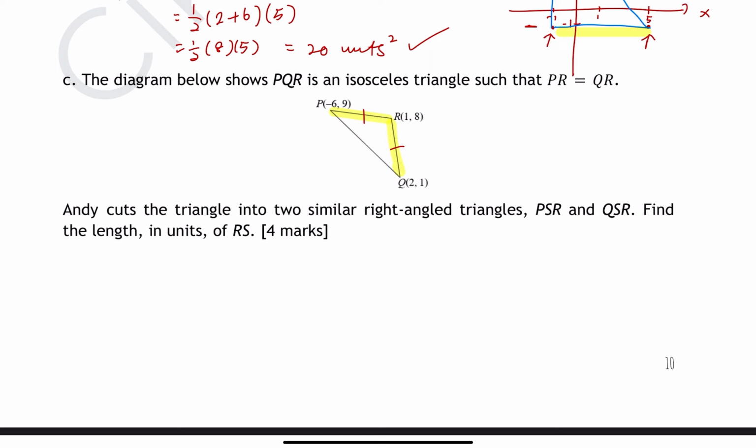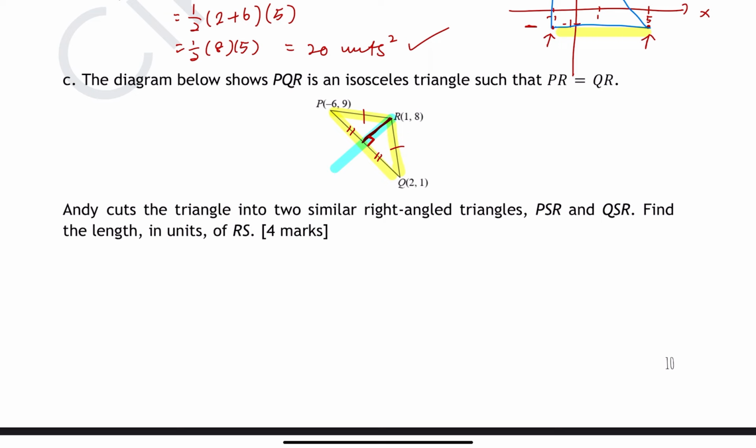So you are just checking on this line. Okay, when you have two similar right angle triangles, you will exactly cut in the middle where you will have this line as your perpendicular bisector. So perpendicular bisector, it means you are cutting at 90 degrees where your left and right hand side are the same.